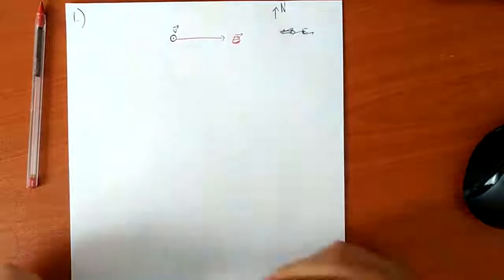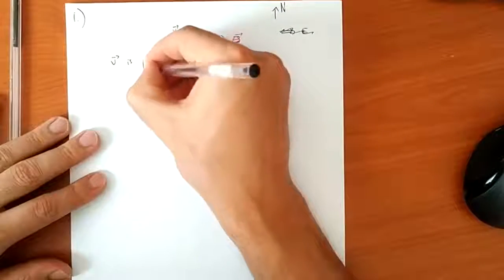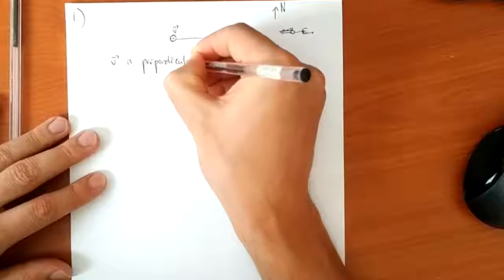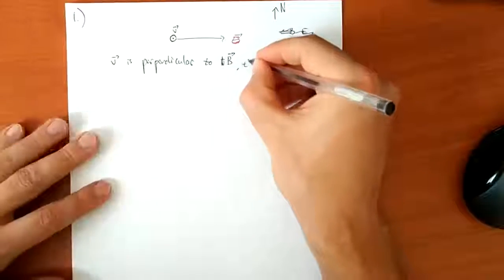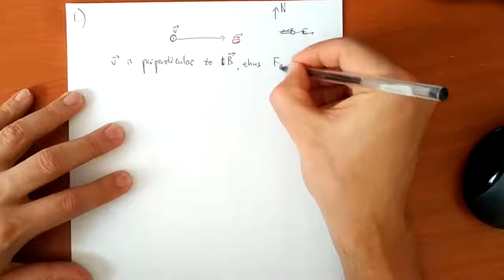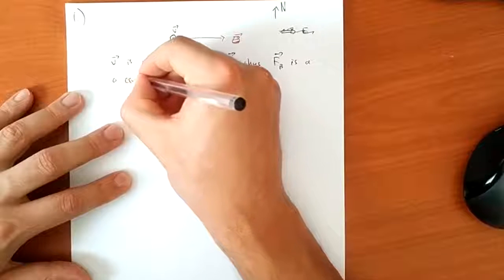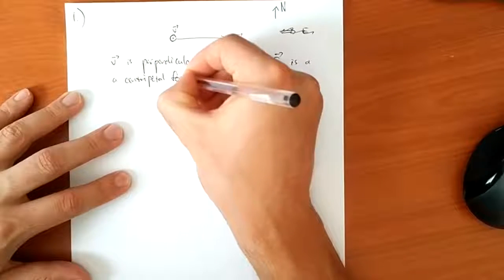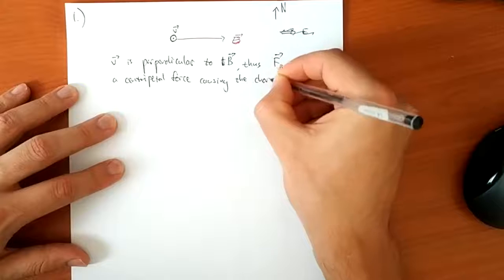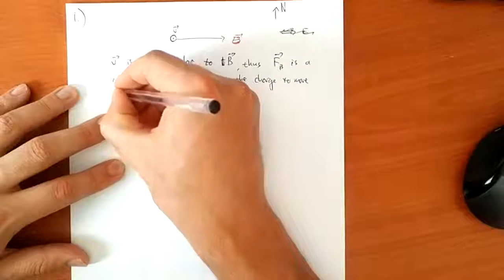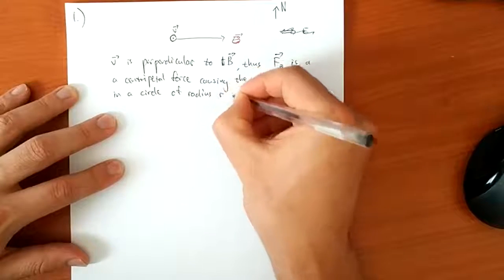Right, okay. So I can immediately say that v is perpendicular to B. So thus, F_B is a centripetal force, it acts as a centripetal force causing the charge to move in a circle of radius, let's say, r, and now we calculate what that r is.